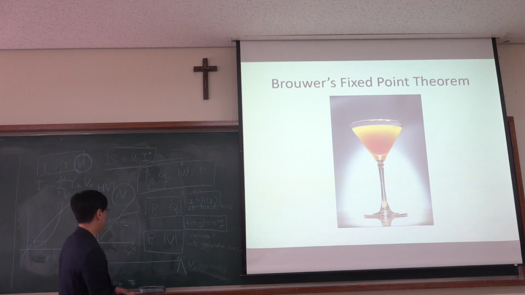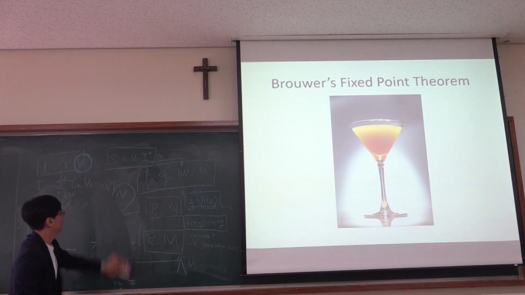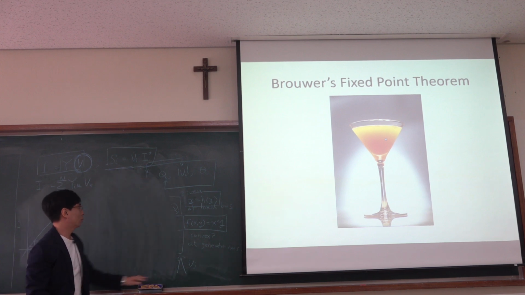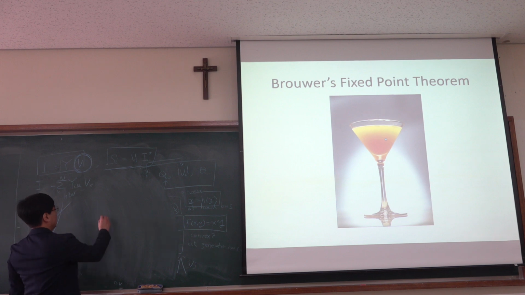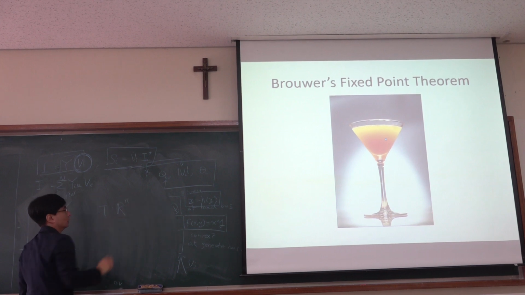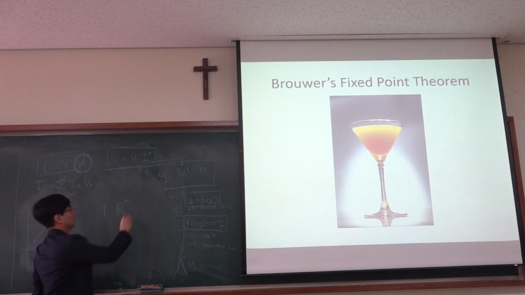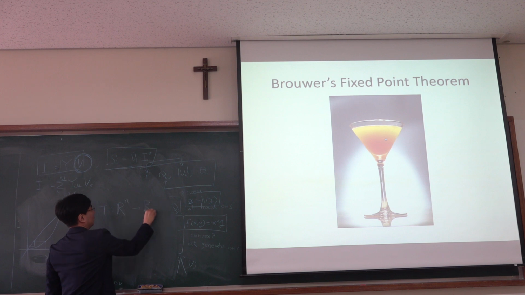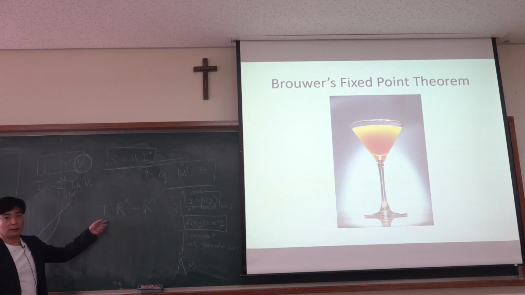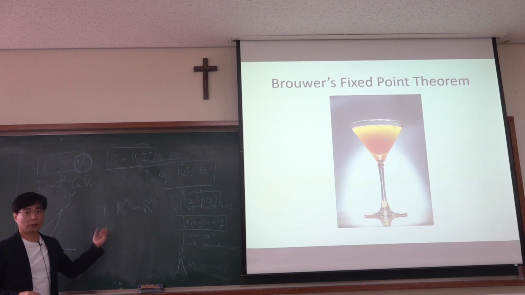So Brouwer's fixed point theorem says that if you have a function or mapping T, which is from R^n to R^n, so this is a vector function, takes a vector as an input, and the output is also a vector.